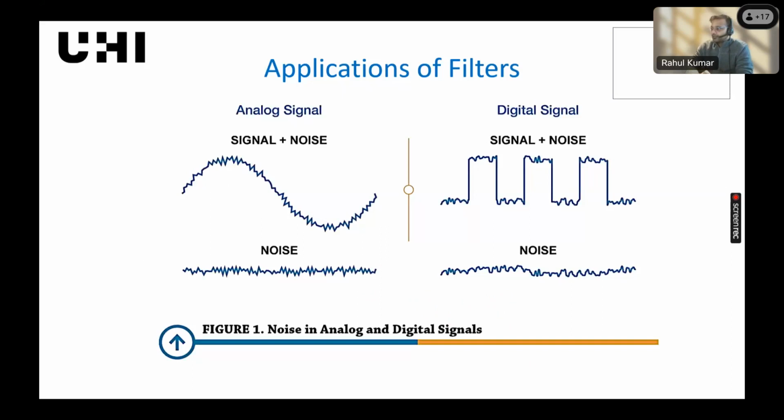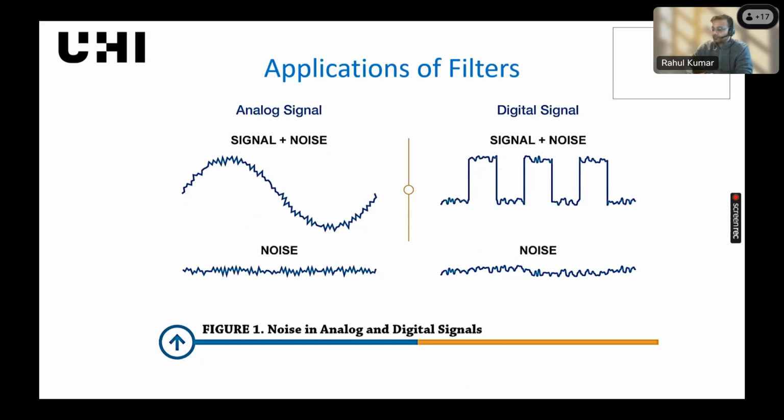Now you may already know about noise. Analog and digital signals both can have noise. Here in this analog signal, we have a low frequency signal and some high frequency noise. Similarly, the digital signal also has high frequency noise.